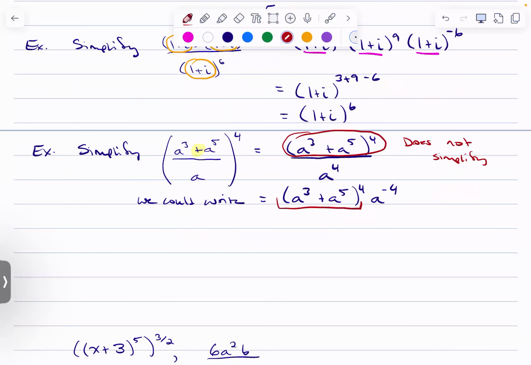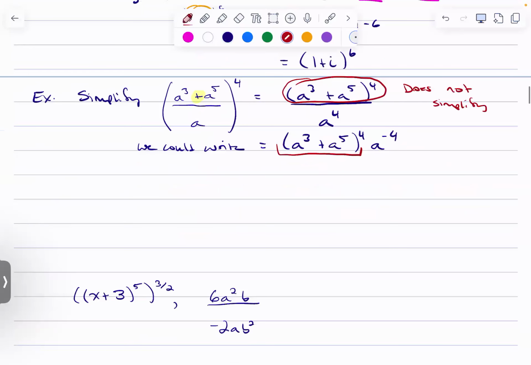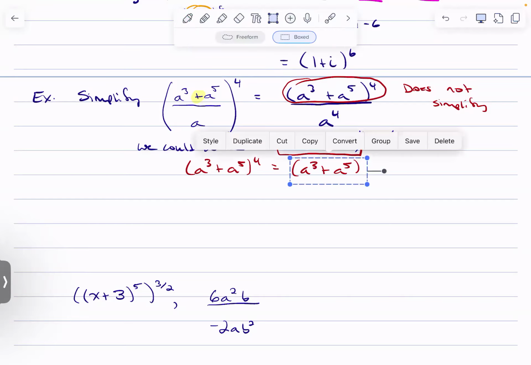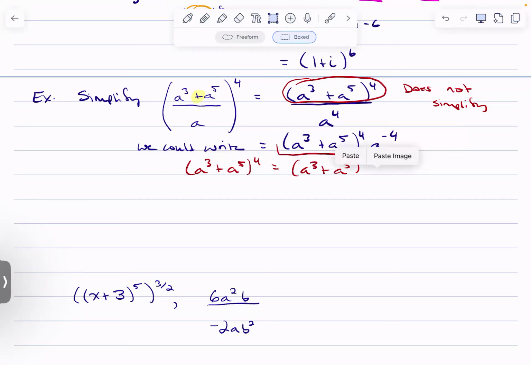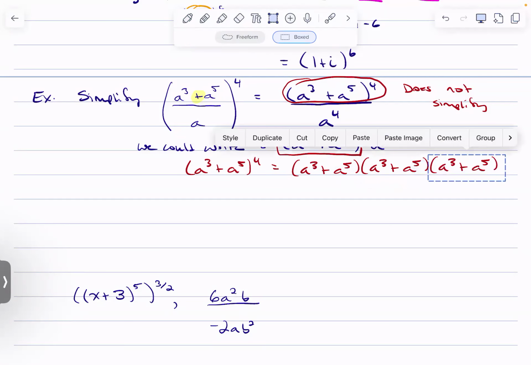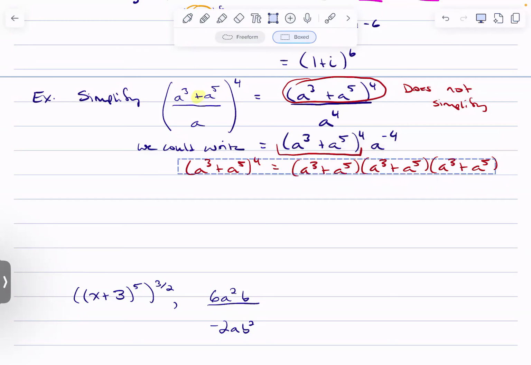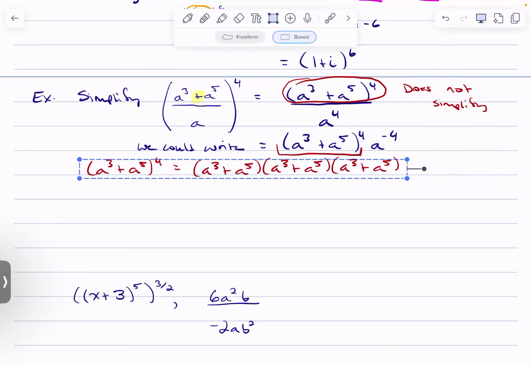Here, I just want to make a note why it doesn't simplify, because a to the 3 plus a to the 5 to the power of 4 is a to the 3 plus a to the 5, and then I'm going to use the power of technology and paste this. 4 times.